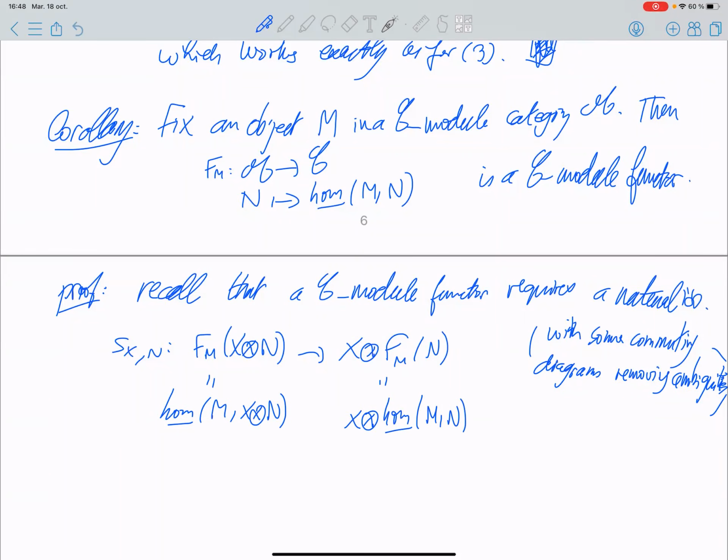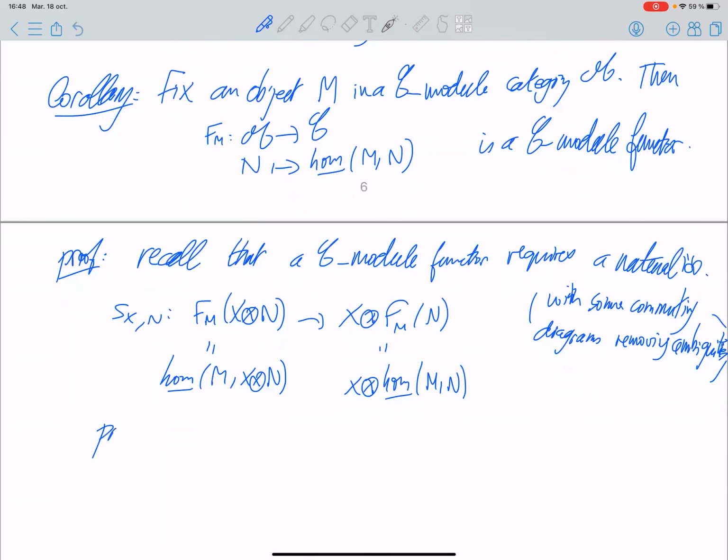So this natural isomorphism is precisely given by the point 3 of the previous lemma.